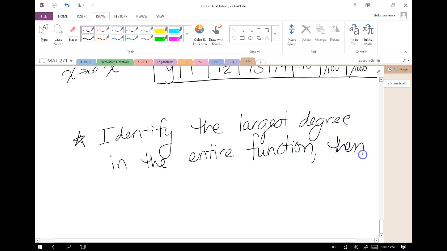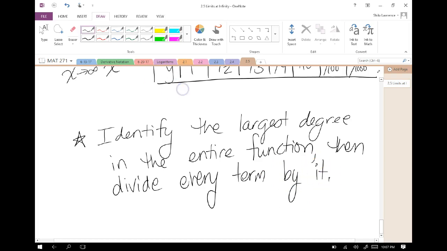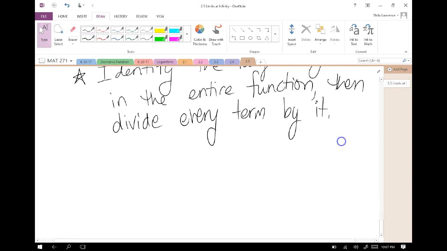And then we are going to divide every single term by it. As long as you do it to everything, then mathematically it's legal. We're allowed to do it. And then everything is going to simplify to 0 except for the biggest term. That will leave us with a constant.